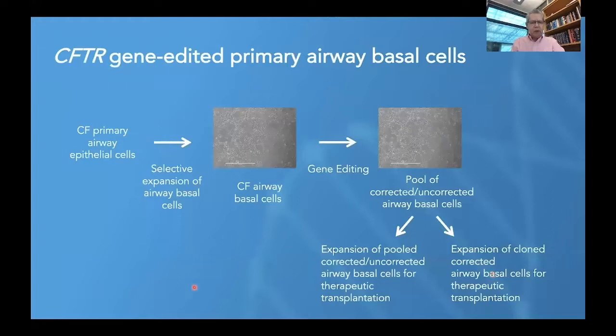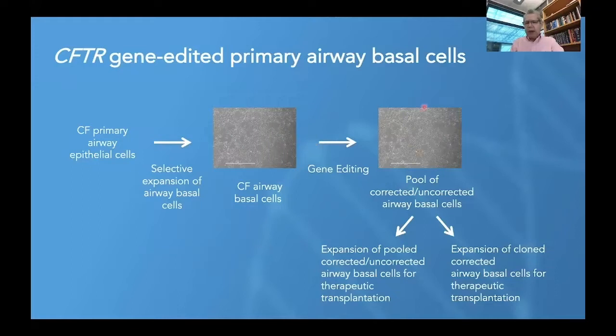So here's the overall paradigm that I'm going to be primarily discussing today, starting with these primary airway epithelial cells obtained, for example, by a brushing, then a selective expansion of the airway basal cells, either in a feeder-independent or a feeder-dependent methodology, then to perform the editing.